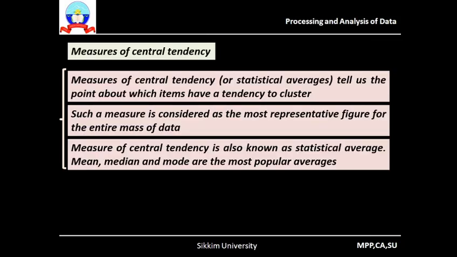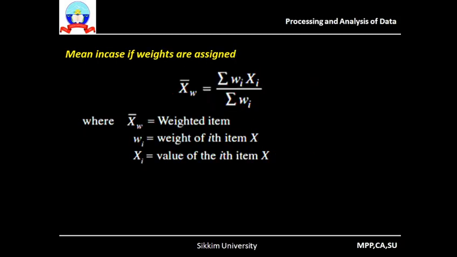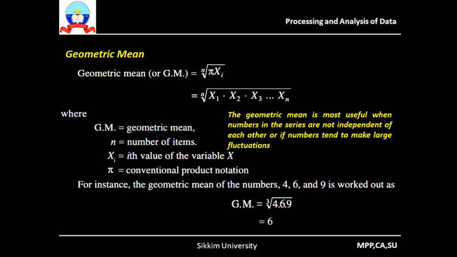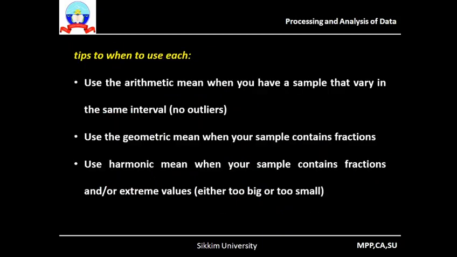Then we moved on to the measures of central tendency, where we elaborately discussed different forms of statistical averages. We started with arithmetic mean, then frequency mean, then weighted mean, followed by geometric mean and harmonic mean. Then we discussed when to use what kind of mean.